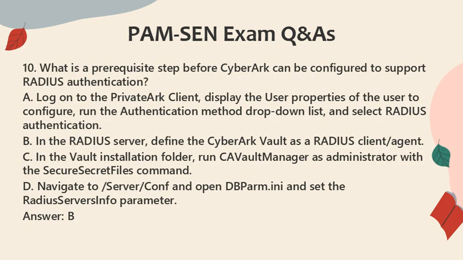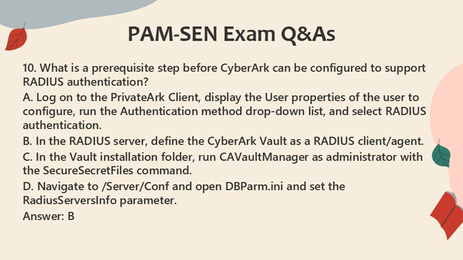10. What is a prerequisite step before CyberArk can be configured to support RADIUS authentication? A. Log on to the PrivateArk Client. Display the user properties of the user to configure. Choose the authentication method drop-down list, and select RADIUS authentication.